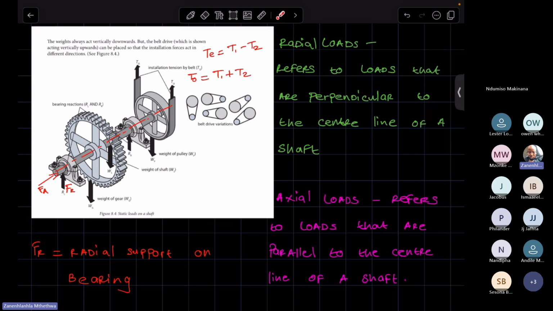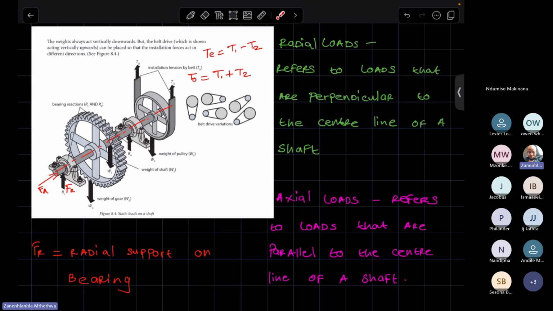Forces going down, you take as being negative. So if you're looking at a problem and the shaft is fitted with a belt drive, and the belt tensions are such that they're pointing upwards, then you take the installation tension as being positive, and then if they're considering the weight, you obviously take it as being negative, right?